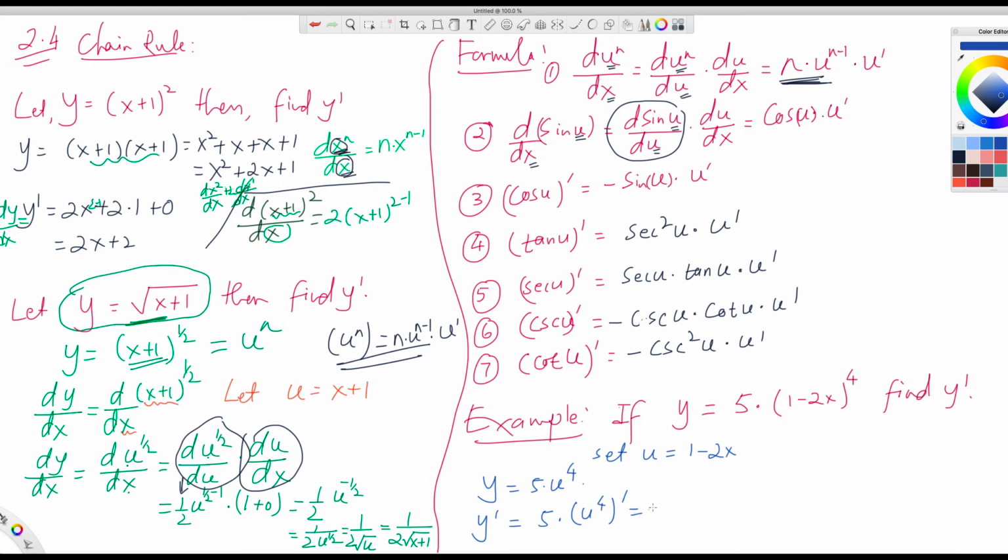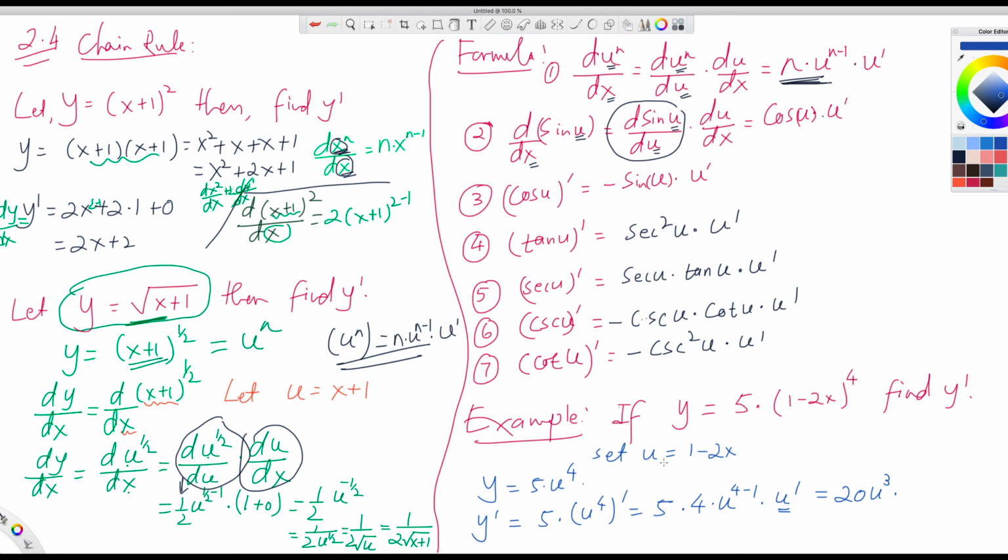Now how do I do that? It is 5 times, use the power rule. It is 4 times u to the 4 minus 1 times u prime. That is the extra thing we will need, because we have u there, we don't have x there. That is the reason. So how much is that? That is basically 20 u to the 3 times u prime. You find the derivative of that, right?